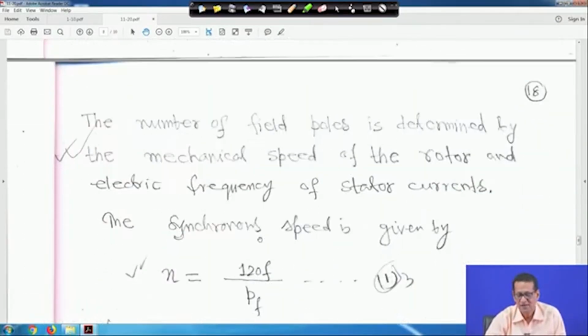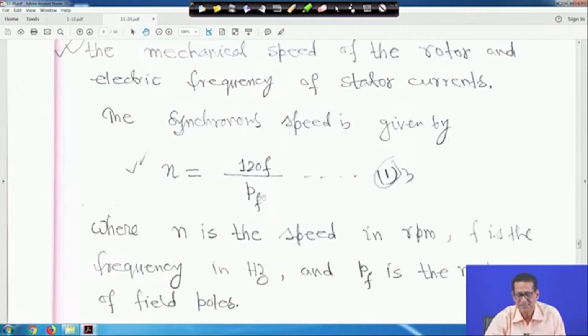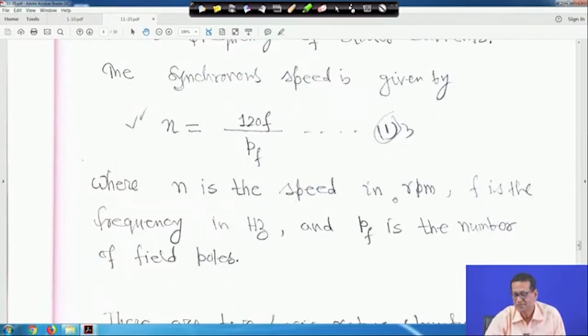So, the number of field poles is determined by the mechanical speed of the rotor and the electric frequency of the stator currents, right. The synchronous speed, sometimes written ns, is equal to 120 f by pf, where n is the speed in rpm, f is the frequency in hertz and pf is the number of field poles, right.